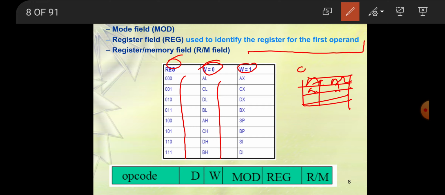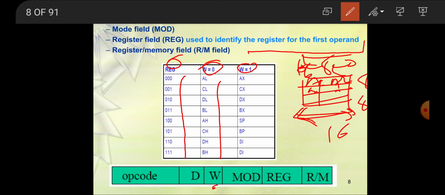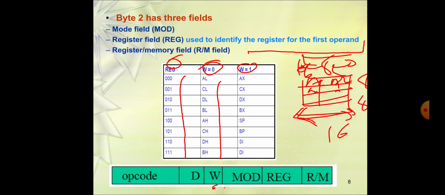So there is an 8 bit and a 16 bit form. AX is the whole 16 bit, and AH and AL are each 8 bit. When you are using the 8 bit operation, W is set to 0, and if W is equal to 1, then you are using the whole 16 bit operation. That's what they have given here.